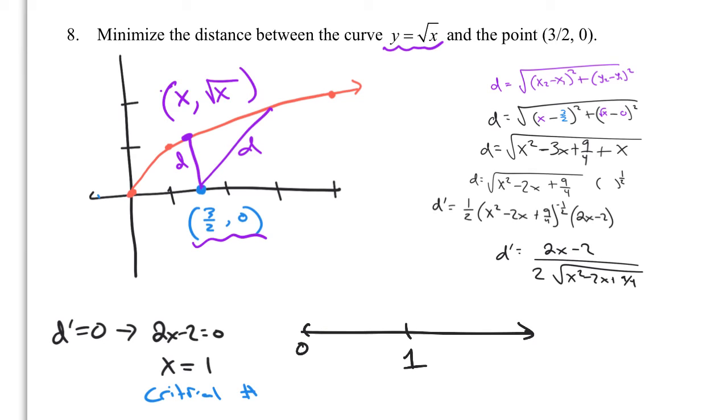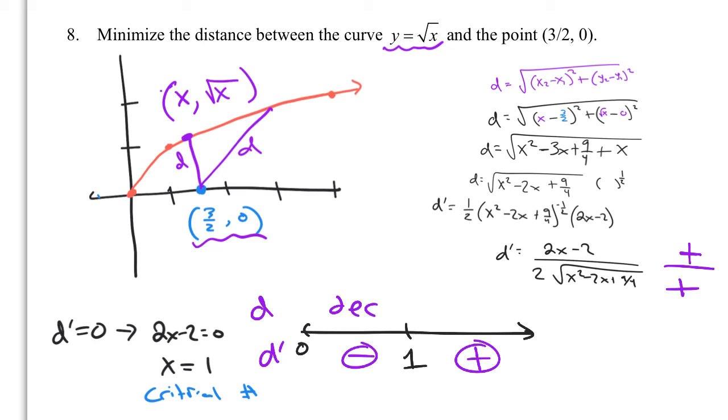And so then I'm going to test between 0 and 1 and between 1 and something bigger than that on my derivative to figure out the signs. So the bottom, we already said, is always positive. So if I plug in something smaller than 1, I'm going to get a negative over a positive, right? 2 times like a half would give me a negative on the top. So I know distance prime is negative, which means distance is decreasing. And then if I plug in something bigger than 1, like 2 times 3, I get a positive on the top, positive on the bottom.